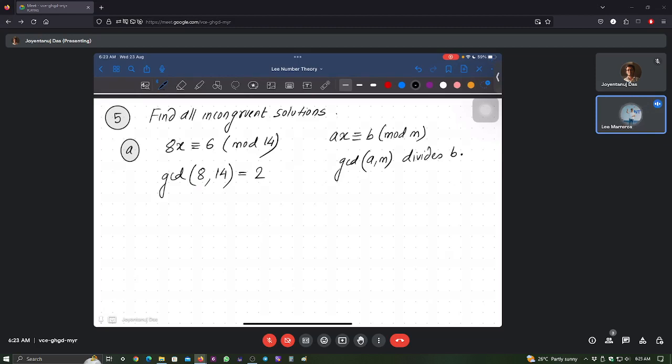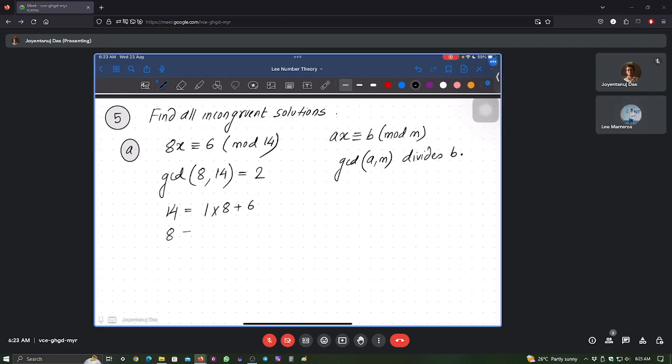We find the first solution based on the GCD. So we have 8x plus 14z equal to 2, and we use the Euclidean algorithm. 14 equals 1 times 8 plus 6, and then 8 equals 1 times 6 plus 2.